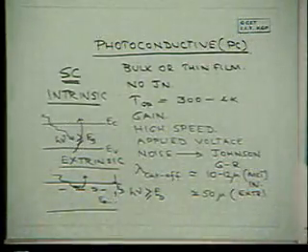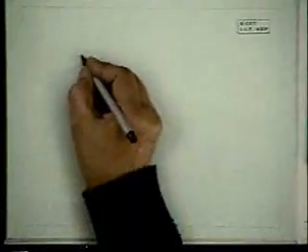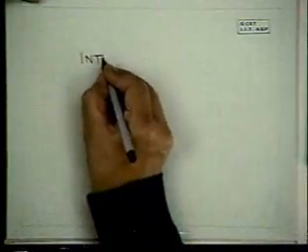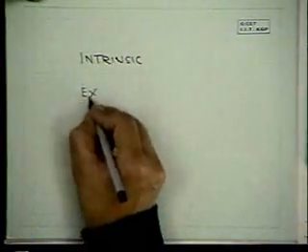So the two broad classes of detectors: intrinsic and extrinsic.